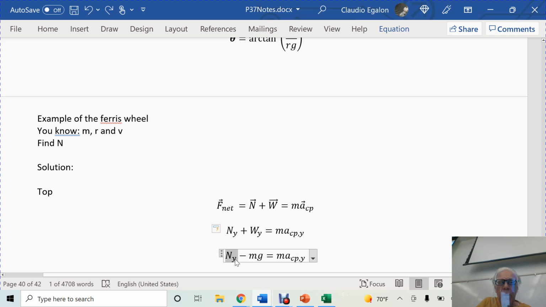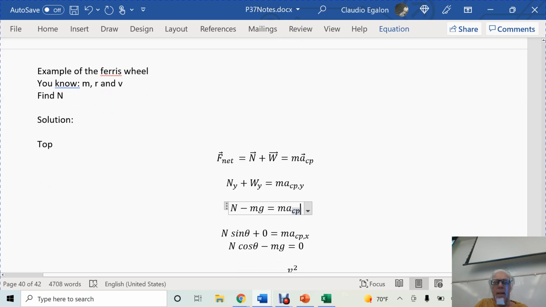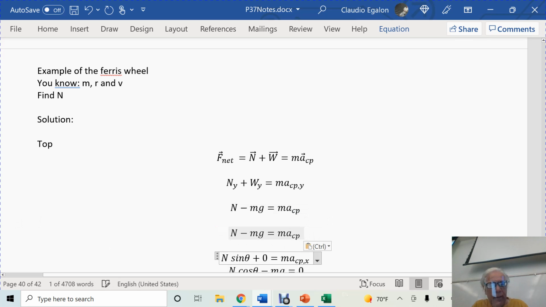The centripetal acceleration has only a y component, so to simplify, I can write the normal as n and take out the y subscript. At the top of the trajectory, the centripetal acceleration is going to be downwards.